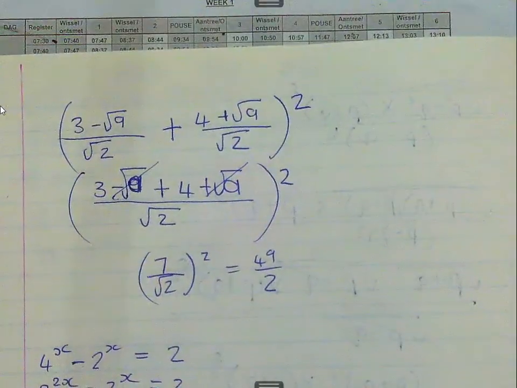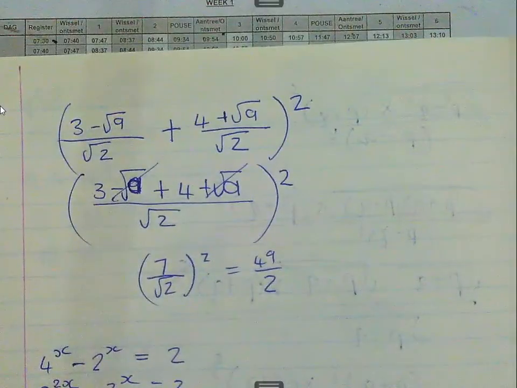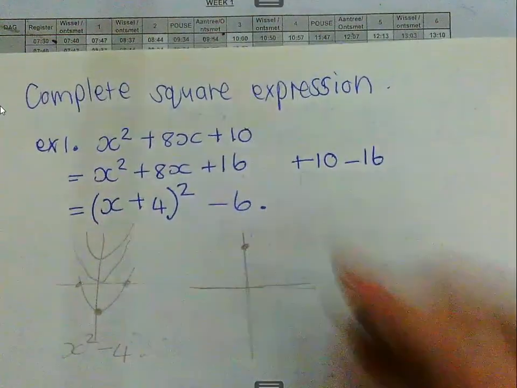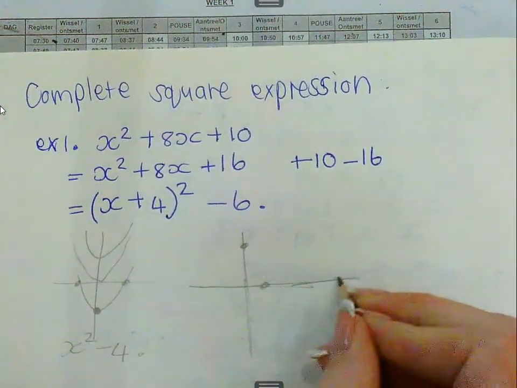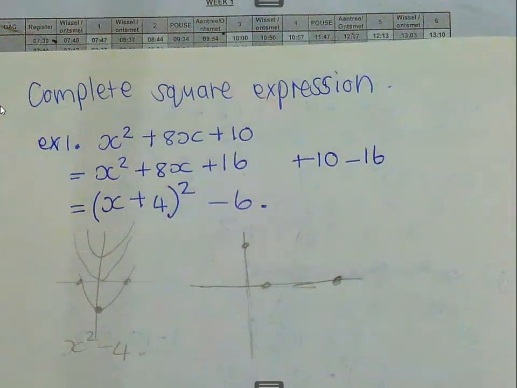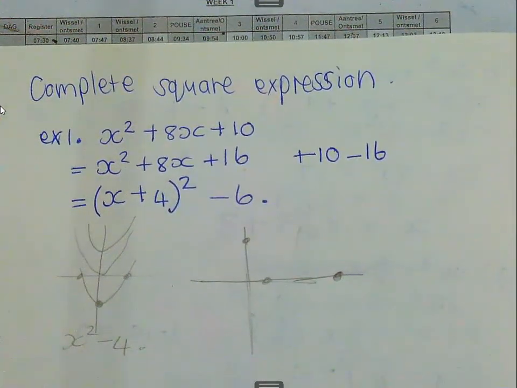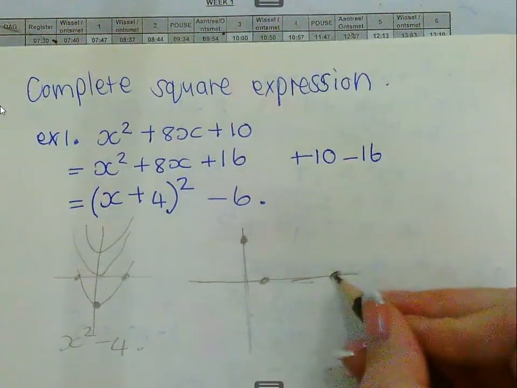Let me tell you what it was. Was it that one? No, it was a different one. Let's pretend it cuts at 2 and 6. Whatever, 2 and 8. Okay. So you've got a y-intercept and you've got 2 x-intercepts.